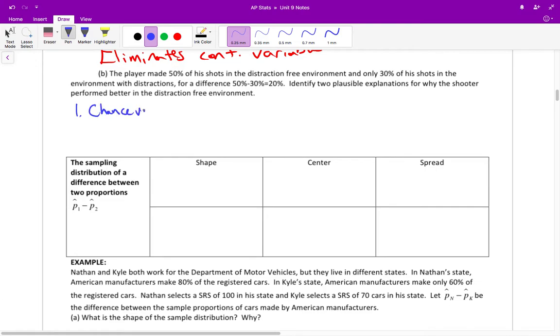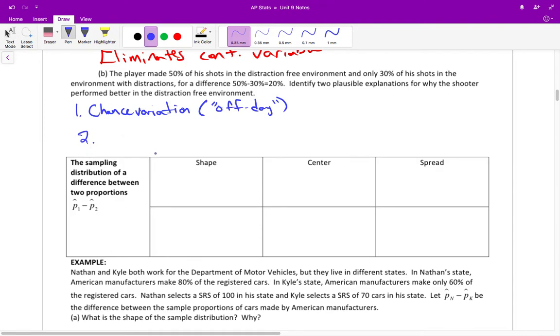So chance variation needs to be your first answer every single time, meaning it could have just been an off day for him. We don't know. He just happened to shoot one way better than the other, just by chance. Now, the second thing should always be what you think is happening.